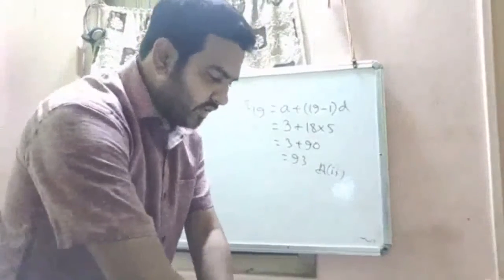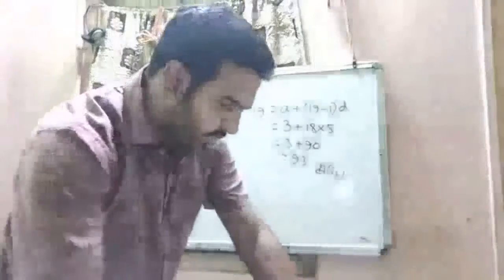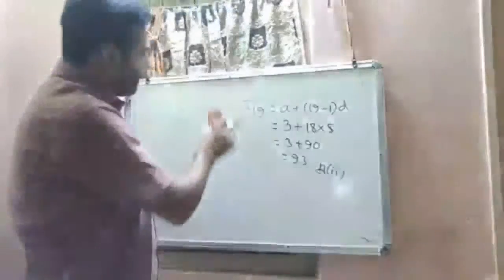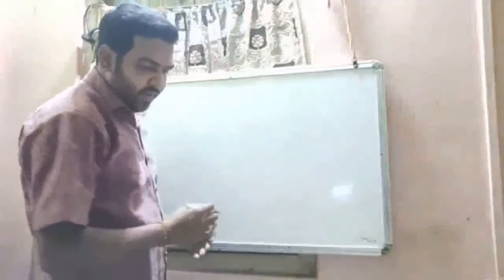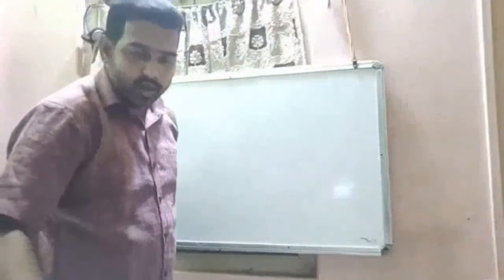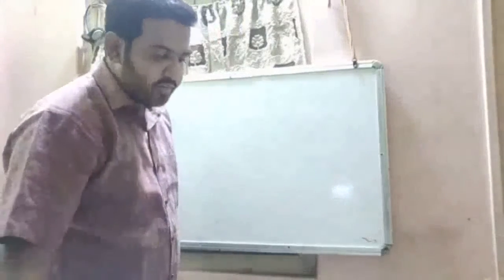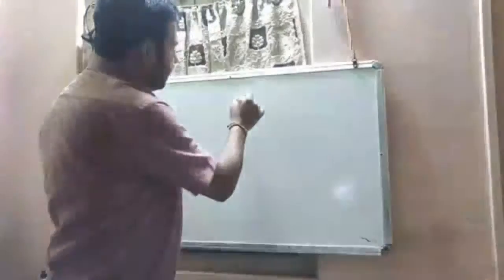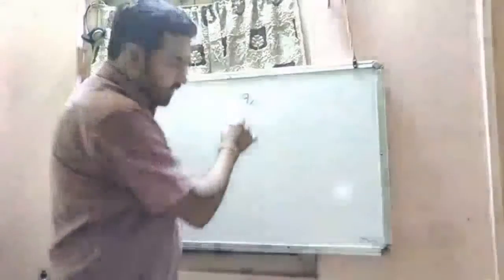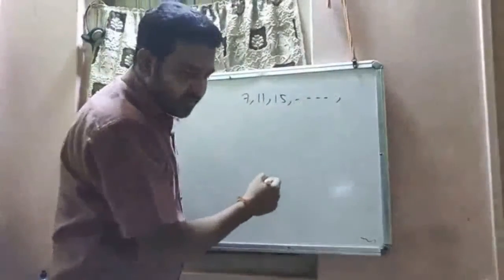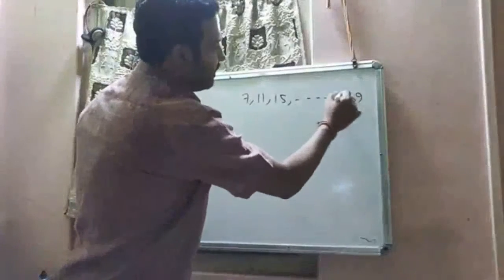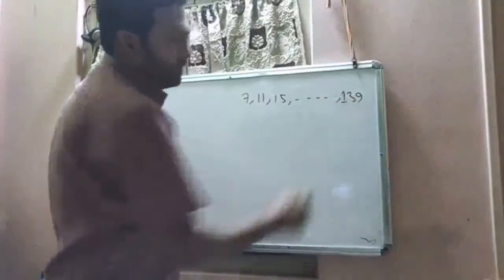How many terms are there in the AP? An AP is given. Based on the first formula of AP, we are going to calculate the number of terms present in the AP 7, 11, 15, dot dot dot. The last term is 139. So this is the question given.